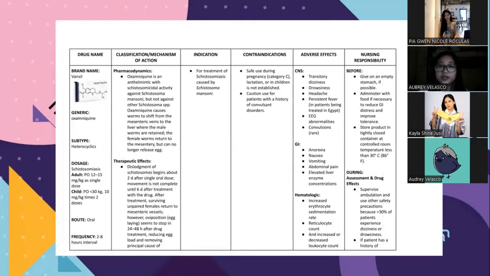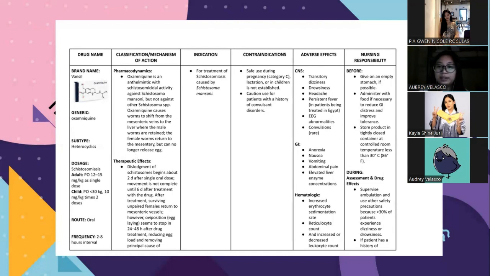And then for the nursing responsibility, so before administering, give on an empty stomach if possible. It's best to give it first thing in the morning. Huwag natin papakainin. So administer it with food if it is necessary, to reduce GI distress and improve tolerance.